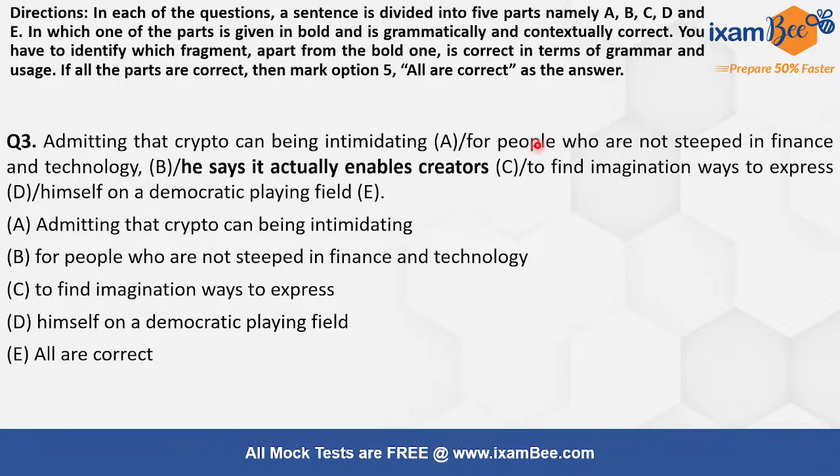So this is also incorrect. D is incorrect, to express himself. Now, when we are talking about people, we should not say himself, but themselves, on a democratic playing field, right? So all these parts contain an error except part B, all right? So B is the correct part, okay?